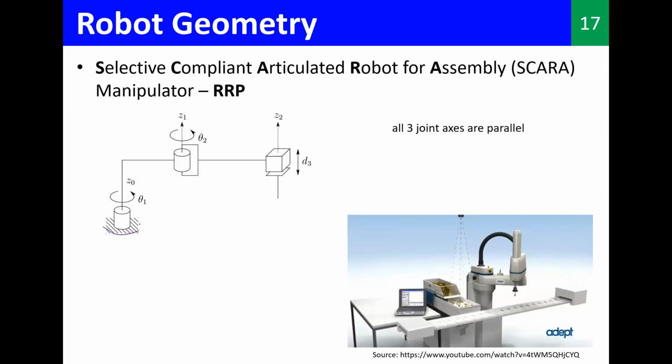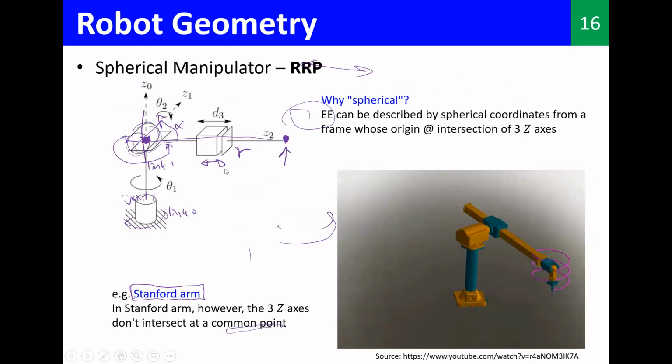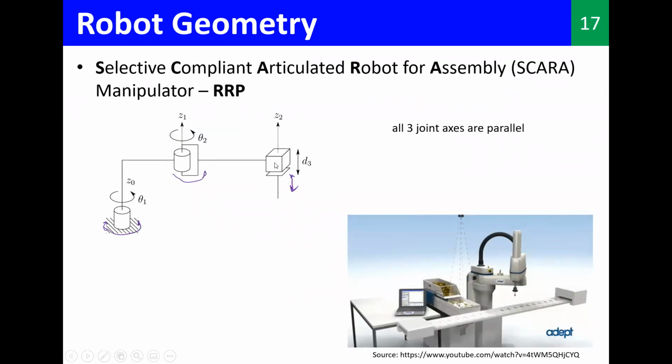So here this joint is pretty much the same in all the manipulators we saw. This one has changed, and here the prismatic joint direction has changed, right? Previously, you saw that it was this direction, right? Here we have a downward direction, right? And you can see all three axes are parallel in this case.